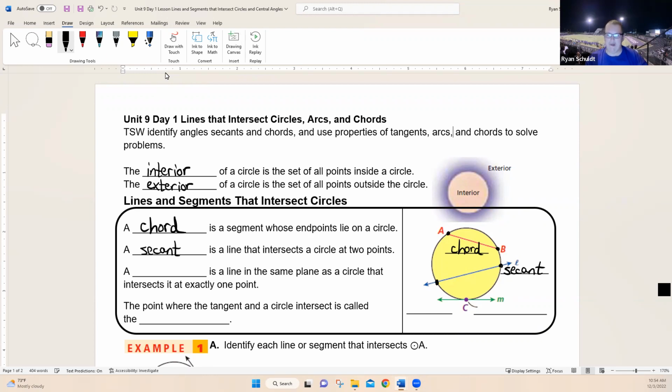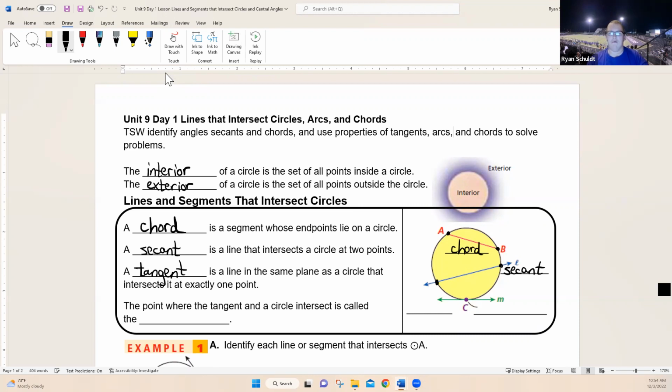Then we have a tangent. A tangent is a line in the same plane as the circle, but it intersects it at only 1 point. Like here's our circle, it's going to get really, really close to it, touch it, and then take off.